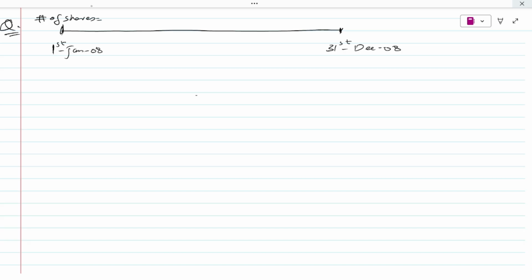So let me just create the question over here. We're going to start with the same 1st January 2008, the start of our year. Then the end of the year is 31st December 2008. Let's say that at the start of the year, the number of shares that you have were 5,000.